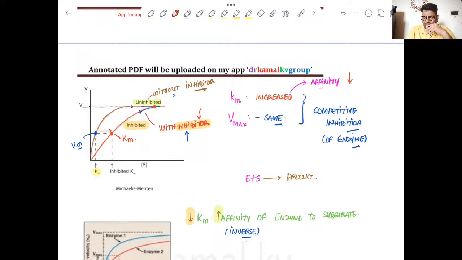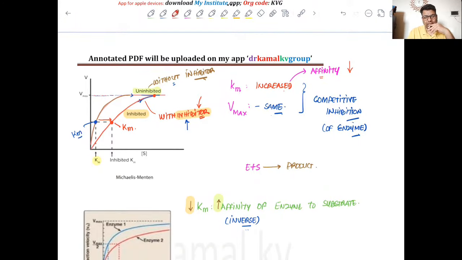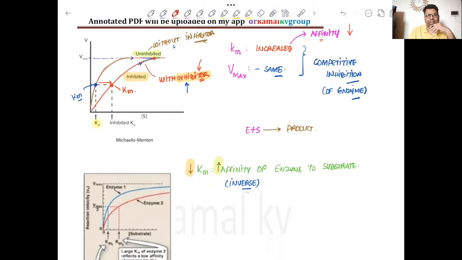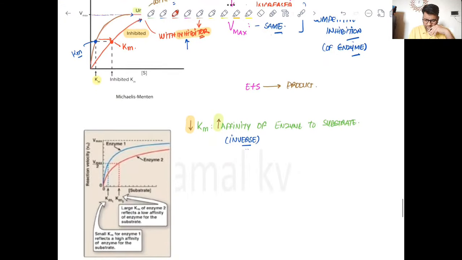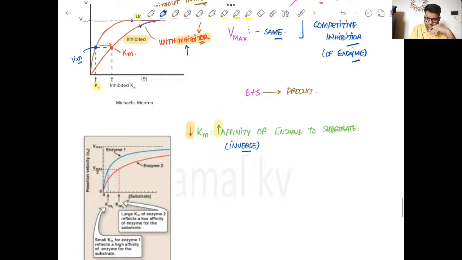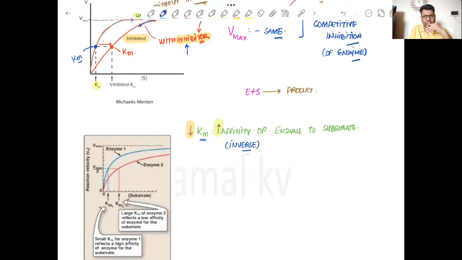Therefore, its attraction for the substrate is now less. It is more attracted to the inhibitor. So therefore, Km increases, it means affinity decreases. Okay, and this is the concept of the Michaelis-Menten coefficient, that is Km. Shanavaz bhai, I am just trying my level best here.